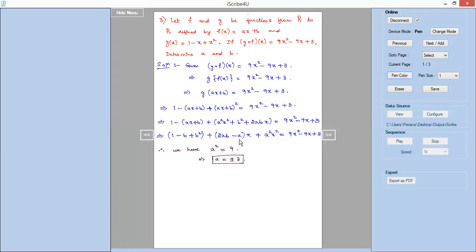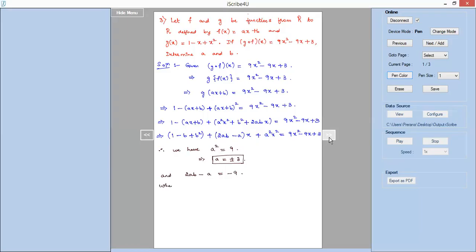Now we equate the coefficient of x on both sides. So we can write 2ab minus a is equal to minus 9. Now we have two different values of a.